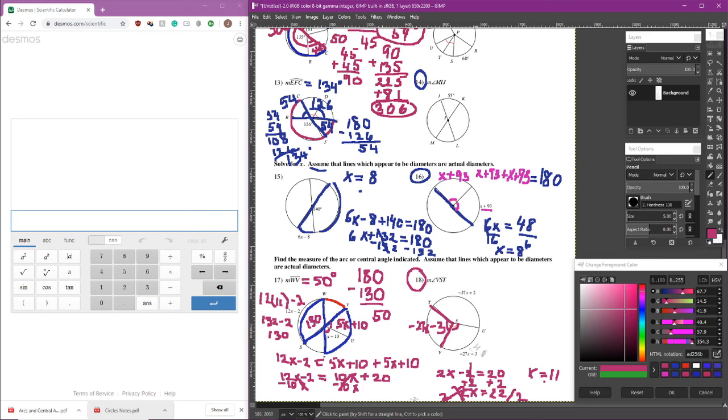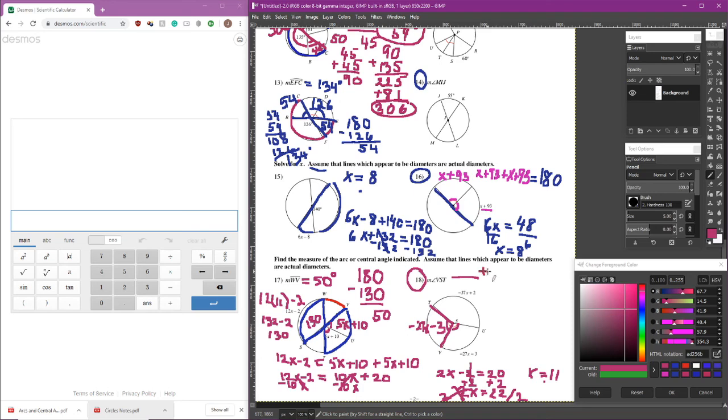Okay, now full circles equal 360 degrees. So if I added this piece, plus this piece, plus this piece, all of those arcs together, I should have 360 degrees. So I'm going to just set this up for you like this. I want you to, on this line, write 27x minus 3.